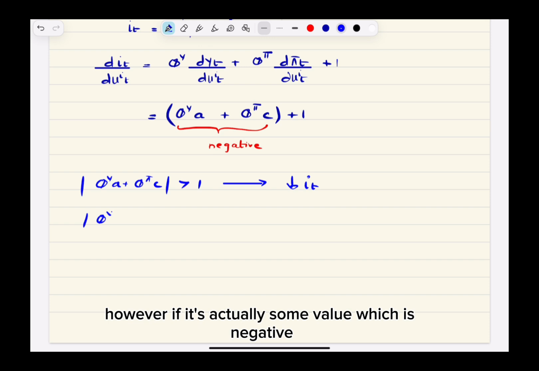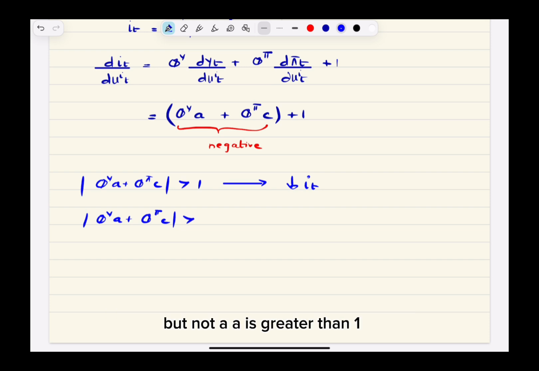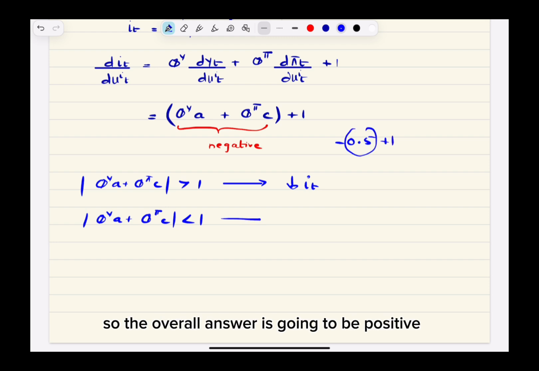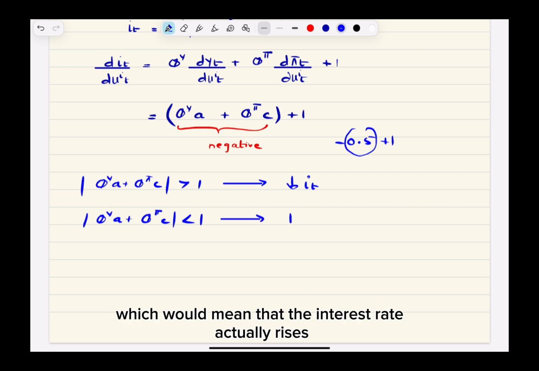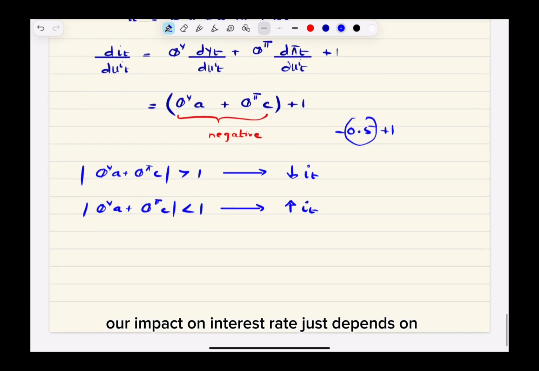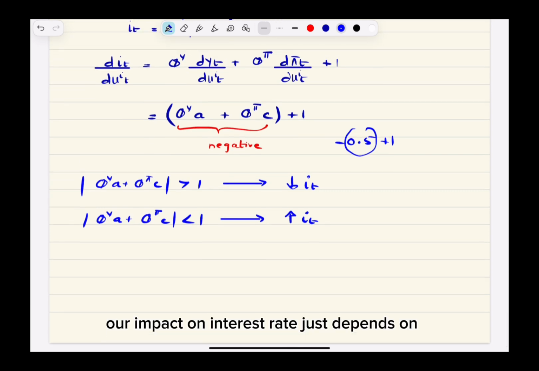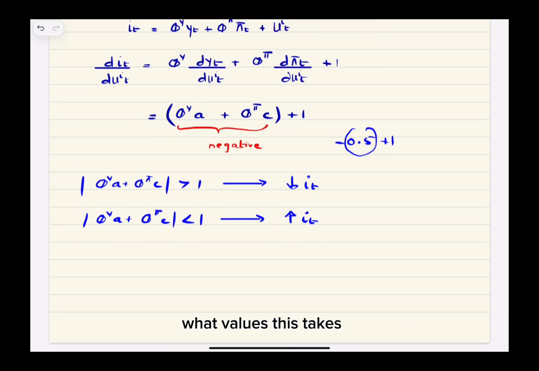However, if it's actually some value which is negative but not greater than 1, so for instance a -0.5 plus a 1, so in absolute values it's less than 1, so the overall answer is going to be positive, which would mean that the interest rate actually rises. So our impact on interest rate just depends on what values this takes.